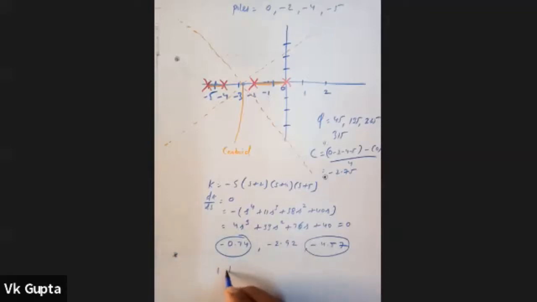So 1 plus K divided by s(s plus 2)(s plus 4)(s plus 5) equal to 0. When you solve this, you get s4 plus 11s cube plus 38s square plus 40s plus K equal to 0.